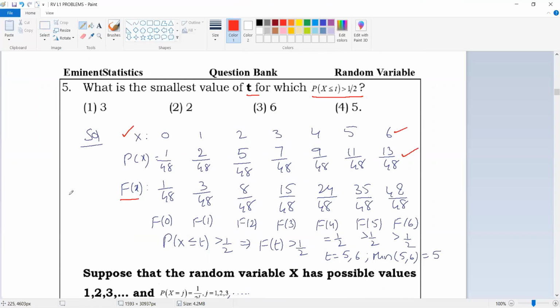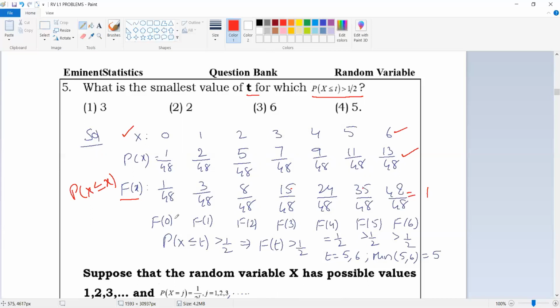Now we have to find the CDF. By definition, the probability of x less than or equal to small x is called the CDF. In this case, our requirement is CDF of t greater than half. What value of t is more than half? We write the CDF cumulatively: 1 by 48, 3 by 48, 8 by 48, 15 by 48, then 15 plus 9, 24 by 48, 24 plus 11, 35 by 48, and 48 by 48 is equal to 1.